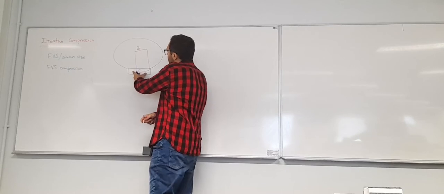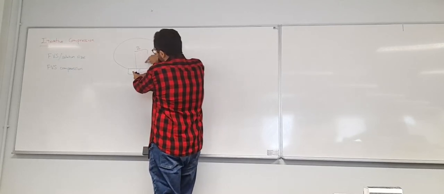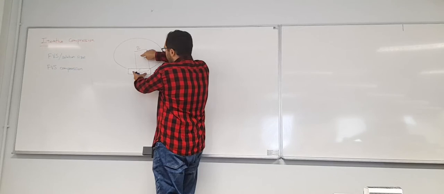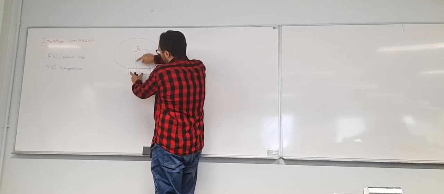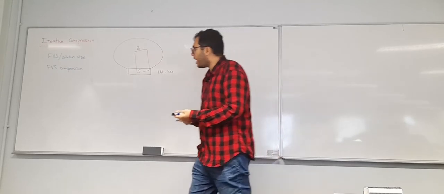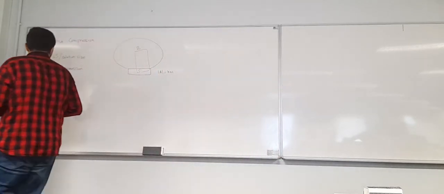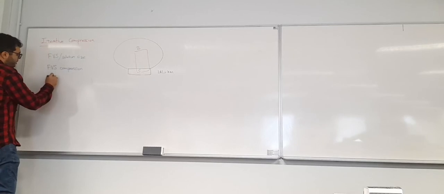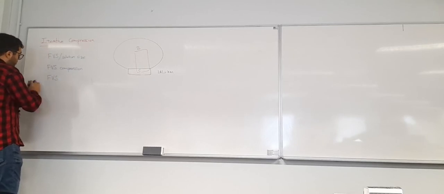So I now say that I need to find the rest of B. I need to find this part, and it has to be disjoint from the rest of A, this part. So in other words, I'm changing feedback vertex set compression to disjoint feedback vertex set.